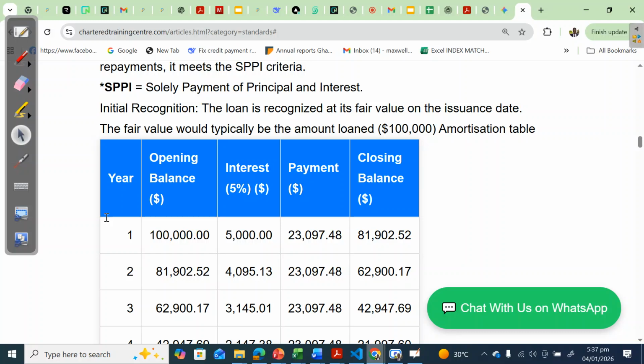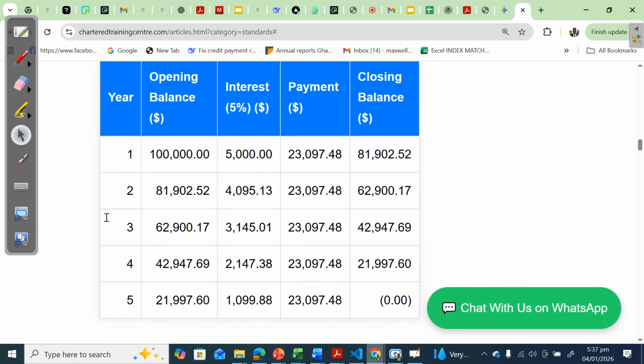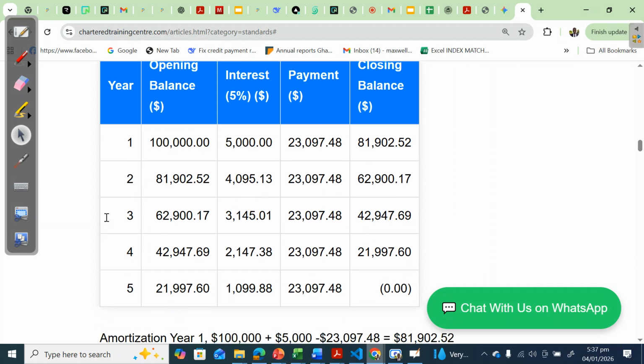This balance will become the opening balance for year three. We apply the interest on it, the payments and the closing balance, and this one will come here, and this one will come. So at the end of the period, our balance will be zero. This is what we call the amortization of a loan.